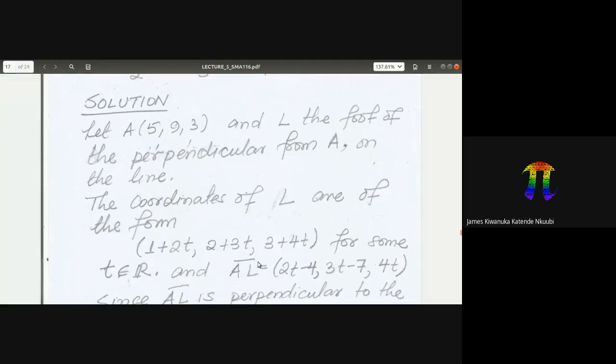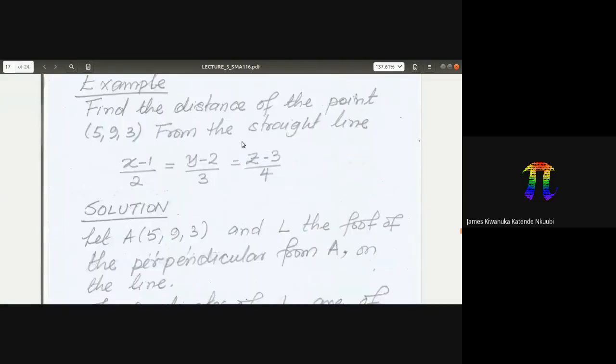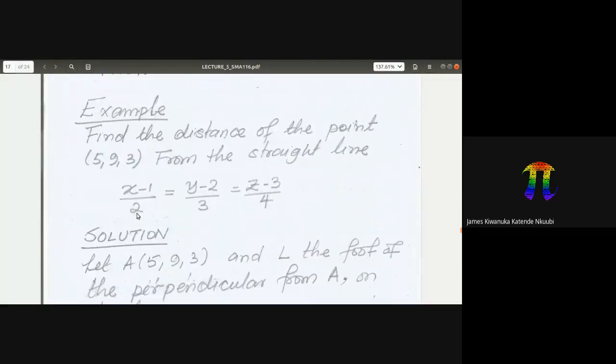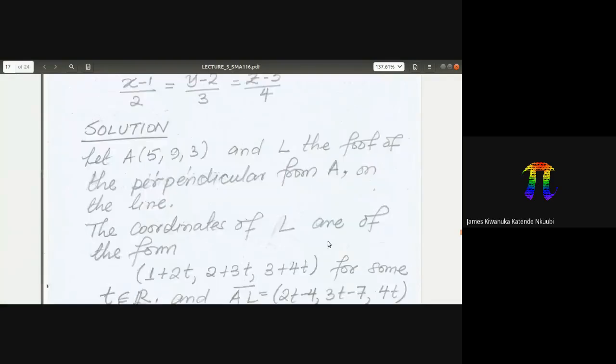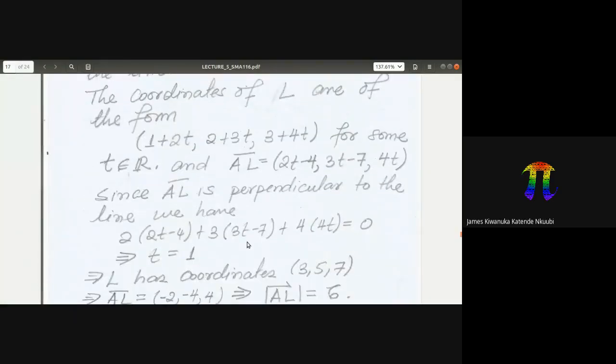So that means the dot product of this and the vector that is parallel to our line, which will be 2, 3, 4, should be 0. So you get the dot product of those two and equate to 0. And when you solve for t, you will find that t is equal to 1.